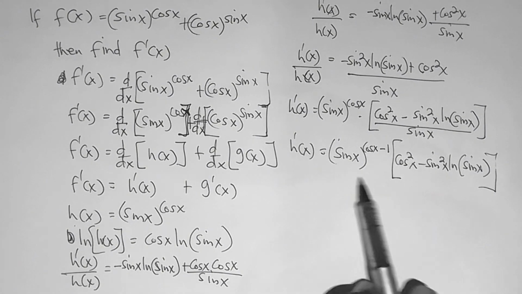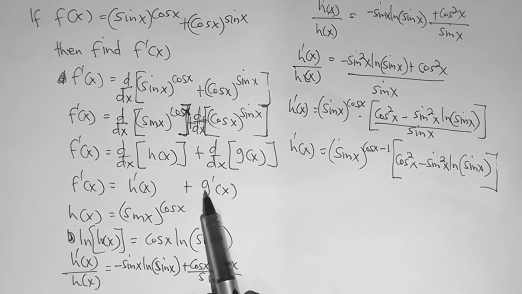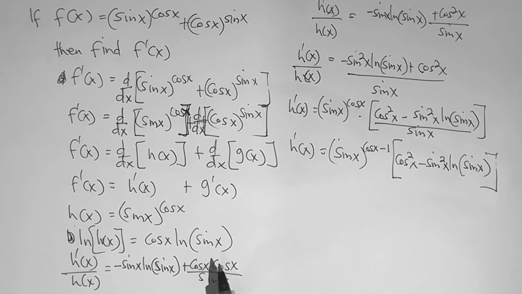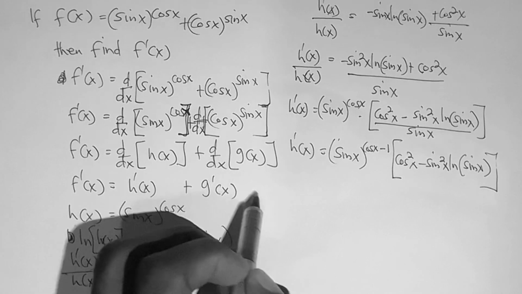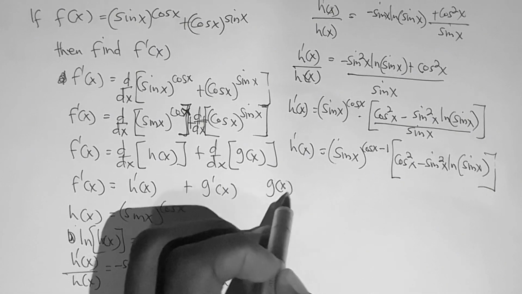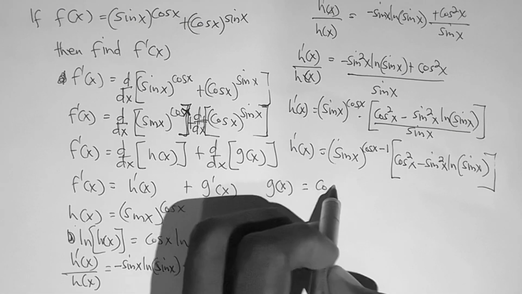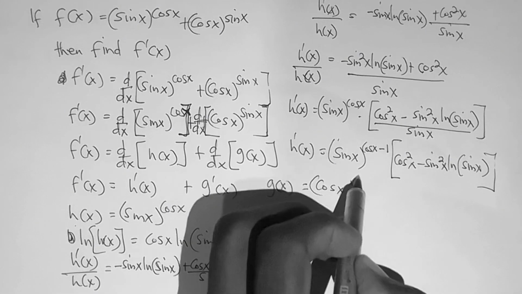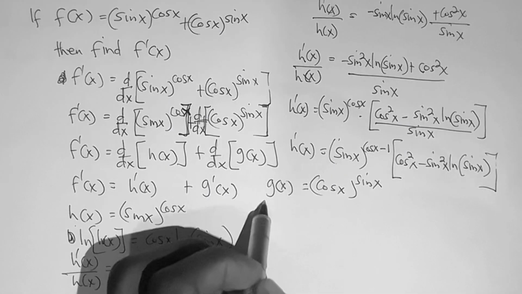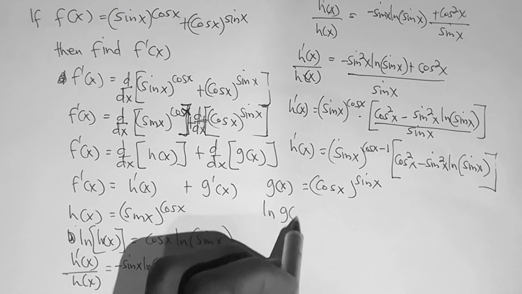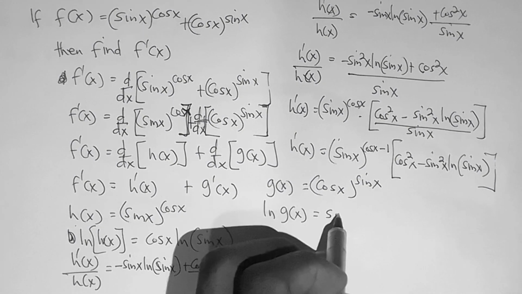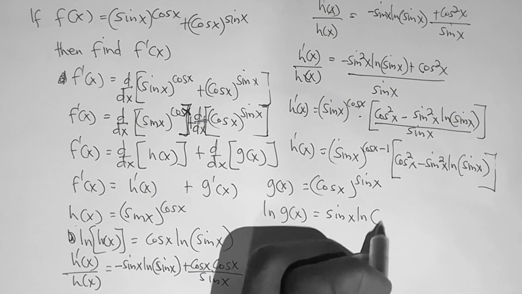So we've been able to find h prime of x. So now we find g prime of x. But remember that we said g of x is equal to cos x, all exponent sine x. So ln g of x is equal to sine x ln cos x.